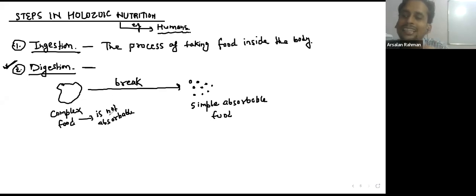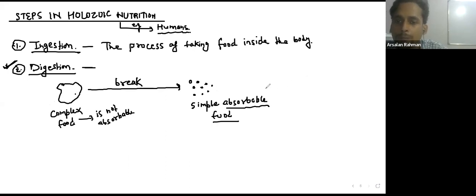Can this chapati directly enter into your blood? Yes or no? This chapati food particle cannot enter into your blood because this particle is too big to enter into blood. So this will break into simple, small food particles, which is called absorbable food.